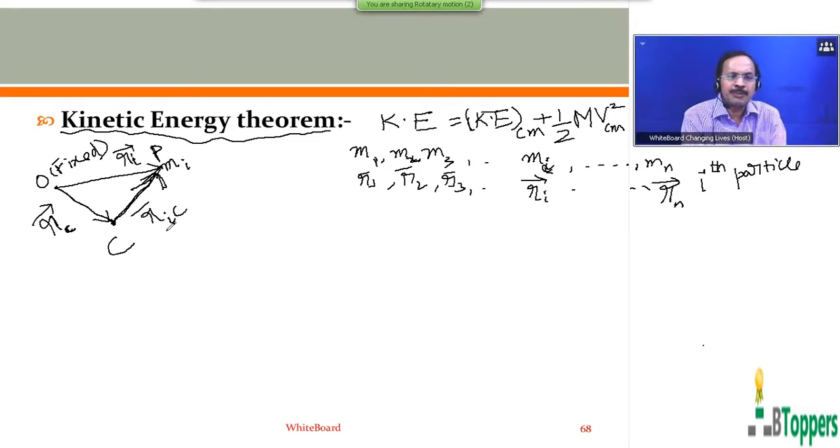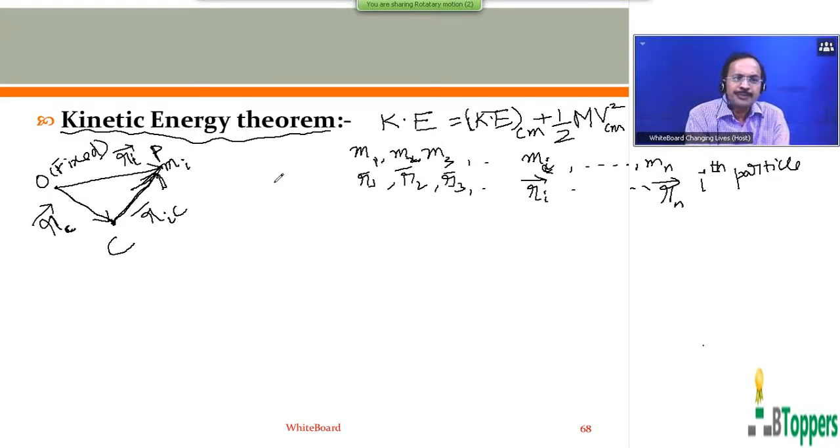So R bar subscript IC represents the position vector of the ith particle with respect to the center of mass of the system. Then we choose the center of mass of the system as origin. That means R bar subscript IC represents the position vector of the ith particle in the center of mass reference frame.